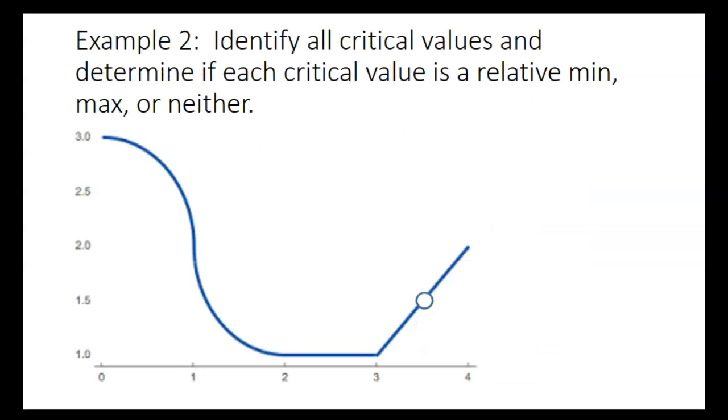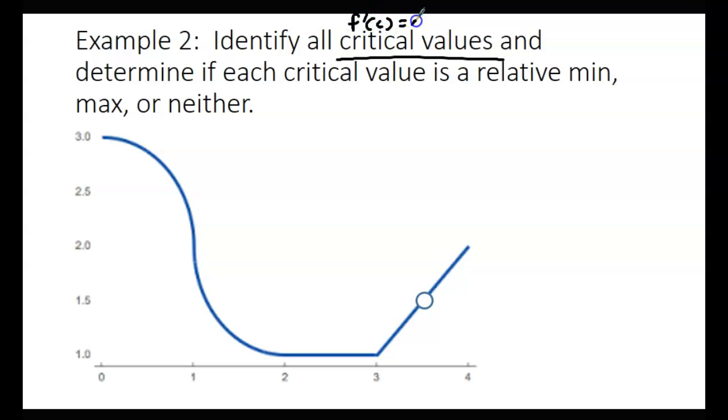All right, so for example 2, identify all critical values and determine if each critical value is a relative min, or max, or neither. So let's decode this a little bit. Identify all critical values. In other words, we want to find everywhere where the derivative is 0 or undefined. Let's see here.